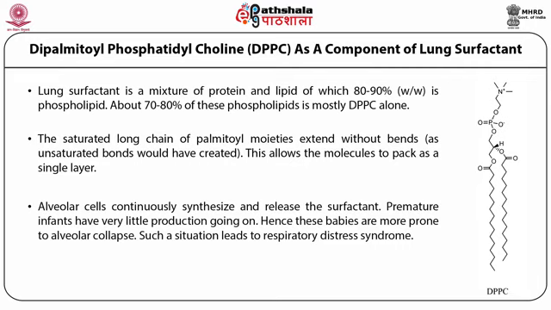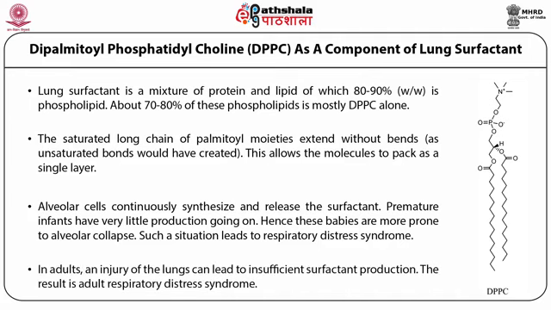Alveolar cells continuously synthesize and release the surfactant. Premature infants have very little production going on, hence these babies are more prone to alveolar collapse. Such a situation leads to respiratory distress syndrome. In adults, an injury of the lungs can lead to insufficient surfactant production.